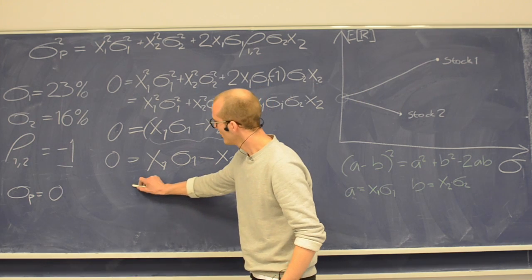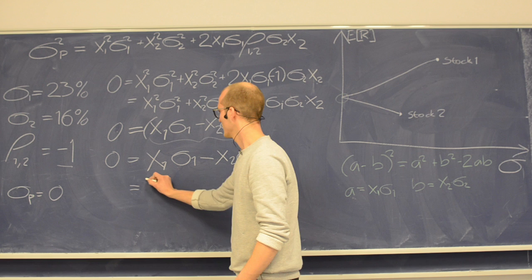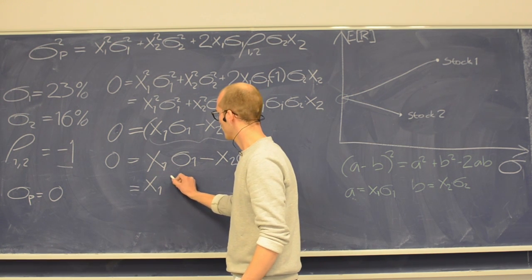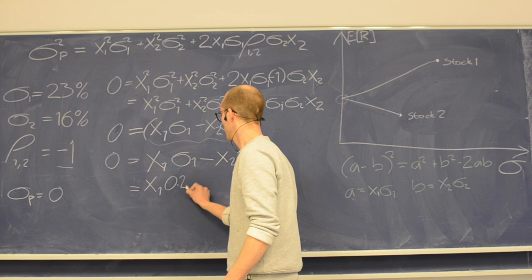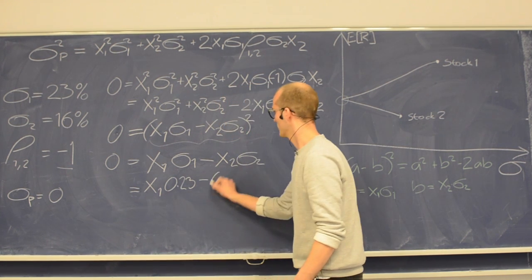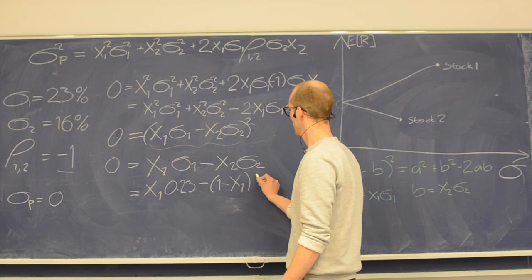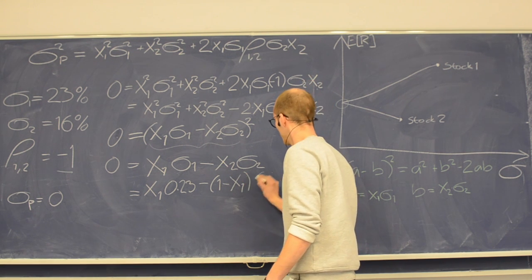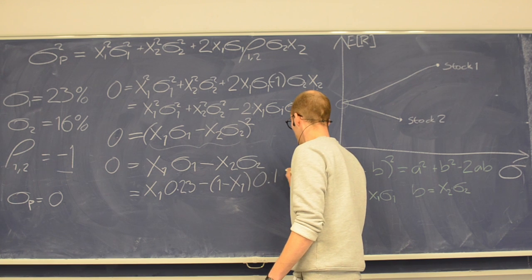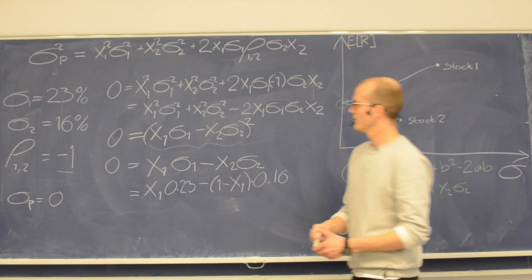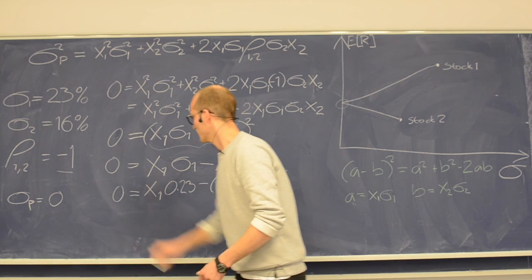So this is x1 times 23% or 0.23, minus 1 minus x1 times 0.16. And again, this is equal to 0.